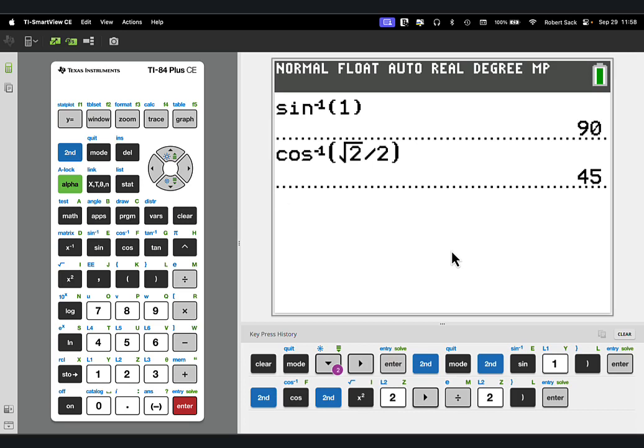So when you're doing these, you need to double check that your problem actually reflects these values. If not, and we'll show those in a couple of problems, you have to do some minor adjusting by adding or subtracting 180 or 360 from these values to get the proper angle for your problem. So with that, let's get to our problems.